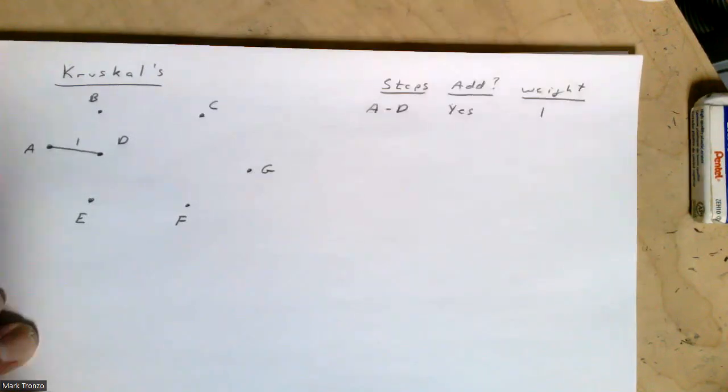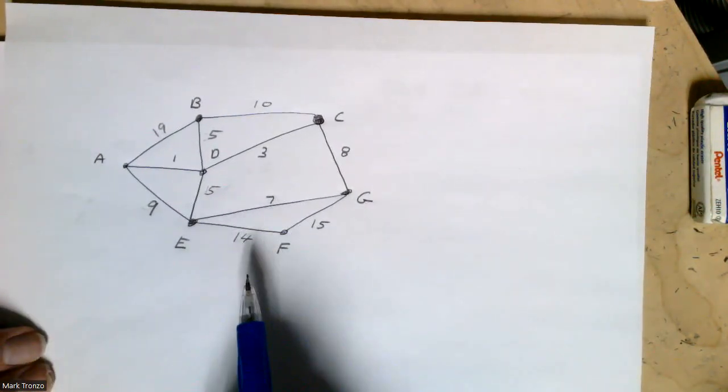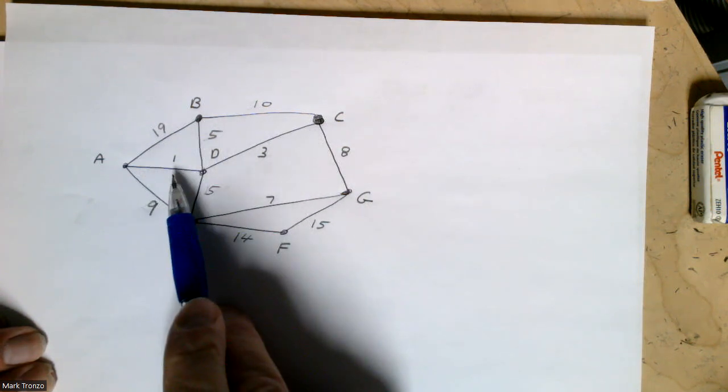And that had a weight of 1. Then go to the next one. Looks like it's DC. Remember, with Kruskal's, we just do them in order. Next one is this one.